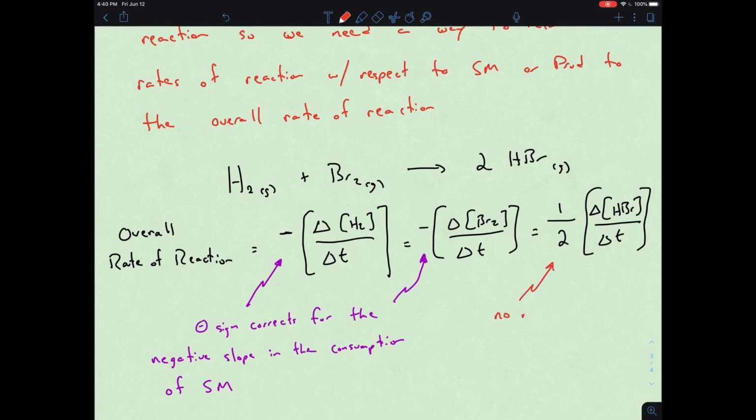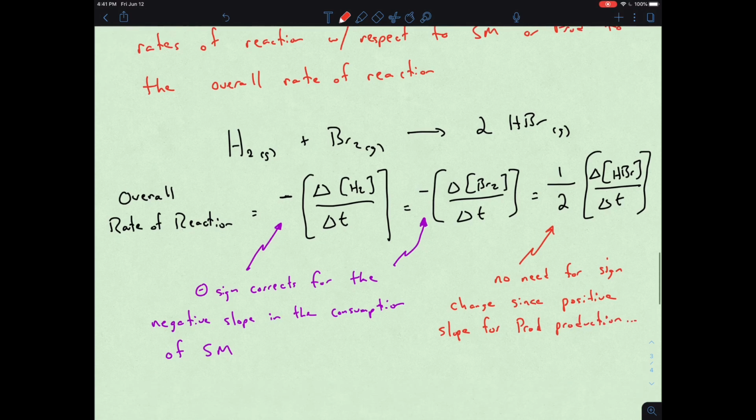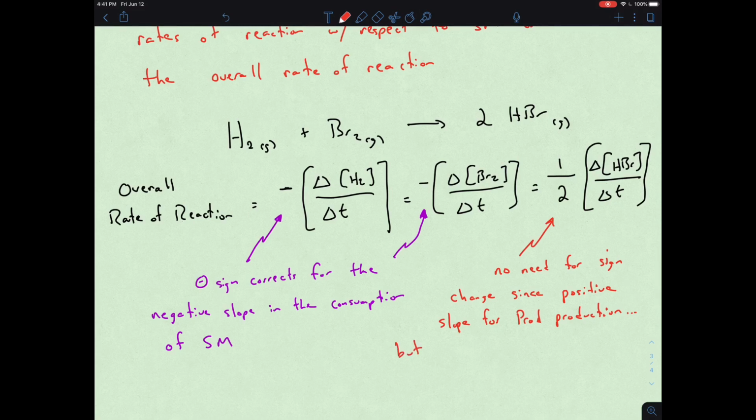There's no need for a sign change since there is a positive slope for the product production. But we need to account for the stoichiometry.